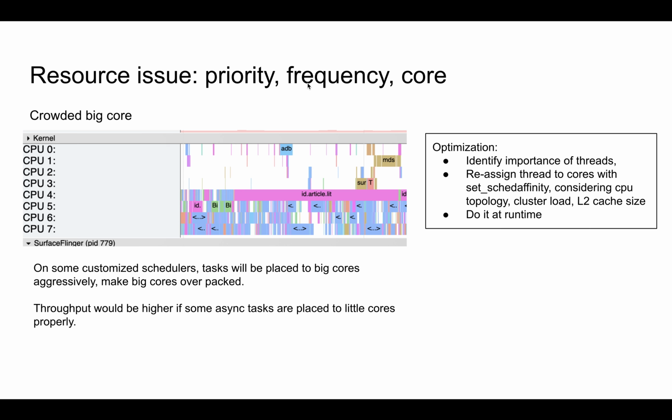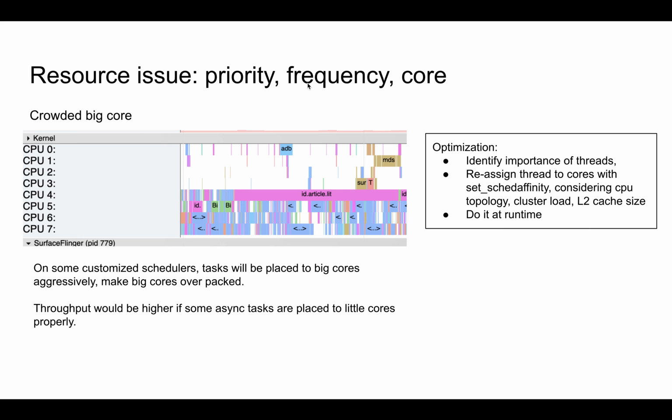But the throughput may not be the best if there are lots of threads. Preemption, lock contention, and priority inversion would become more severe. Throughput would be higher if some async tasks are placed on little cores properly because of more context information in the application.